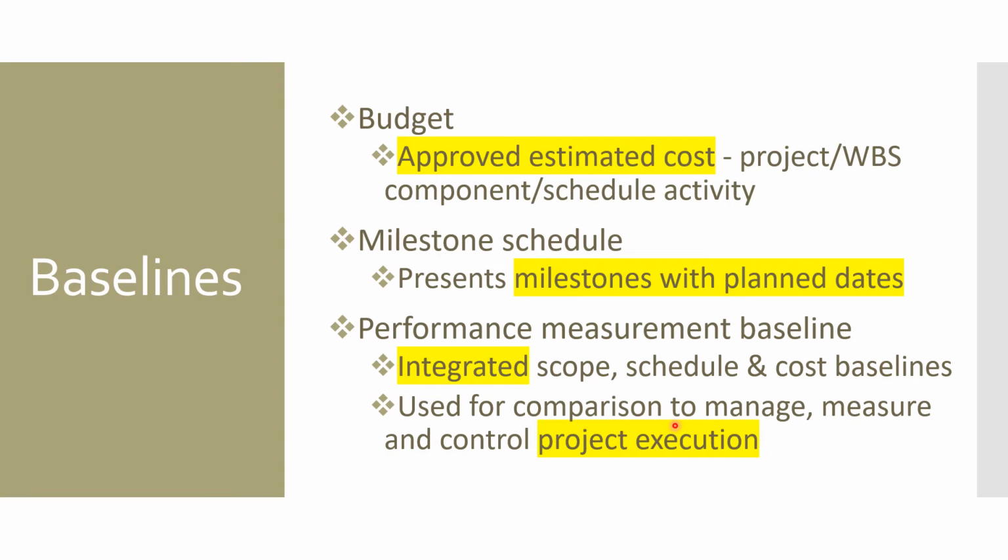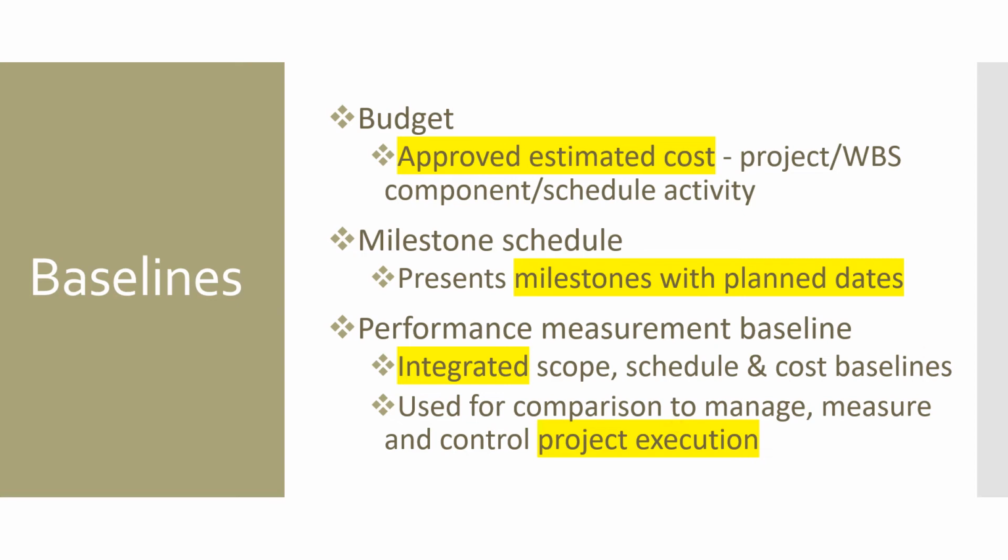It is for comparing your project execution while you are monitoring and controlling. So the performance measurement baseline is the culmination of scope, schedule, and cost baselines. You can think of a balanced scorecard which comprises all the required aspects of the project success outcomes along with the KPIs.